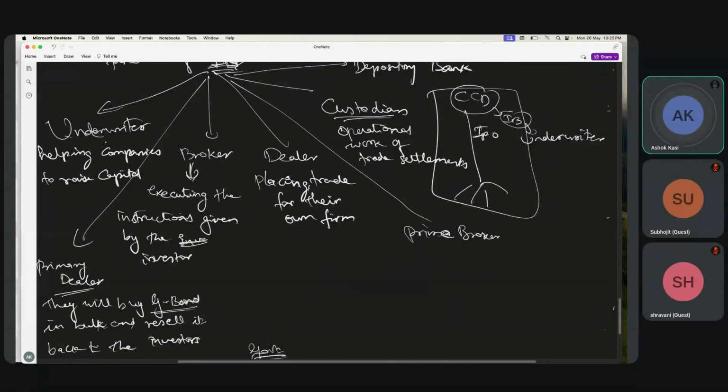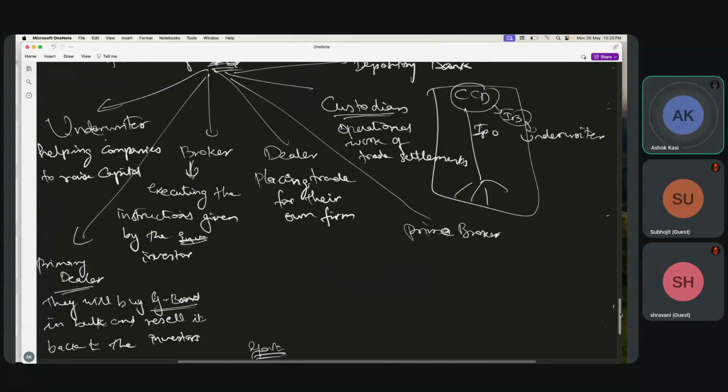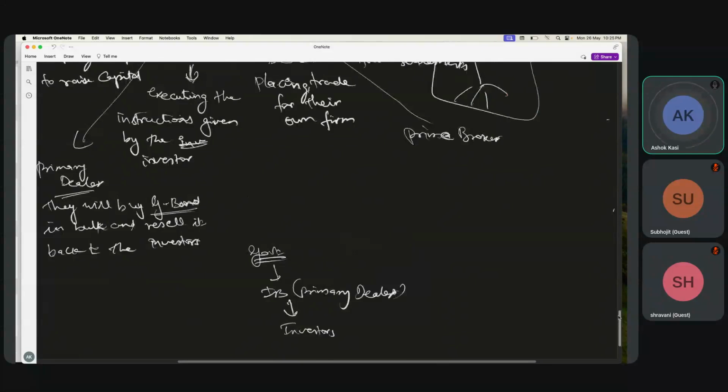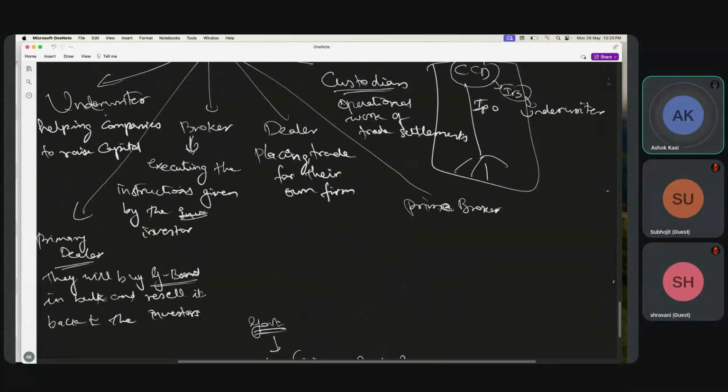Prime broker means it's like a personal assistant. Okay, so prime broker here, as in broker, but prime broker. That means they deal with hedge funds. Hedge fund means what? Now they are doing plenty of transactions. They do margin trading. That means they borrow, then they do short selling. So various transactions they are doing, right?